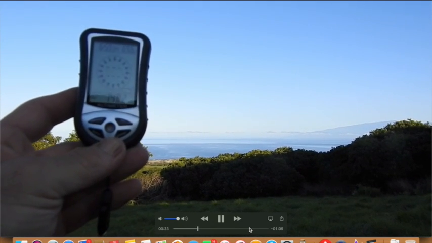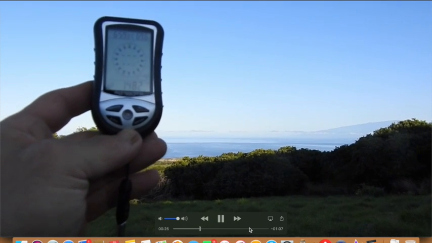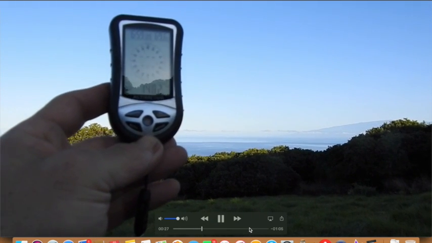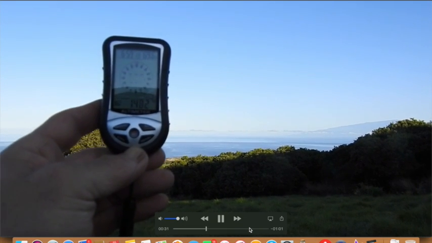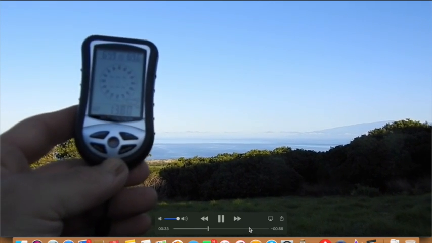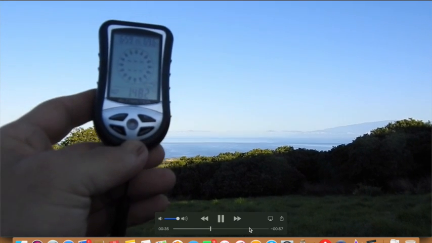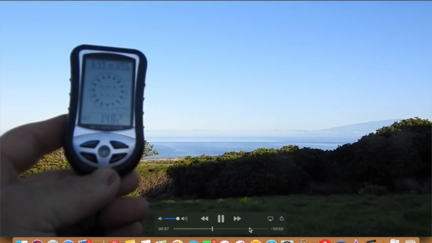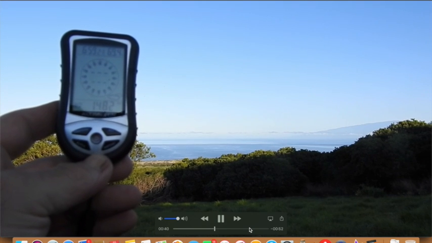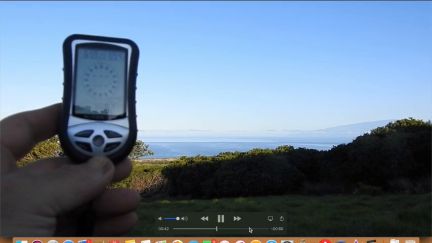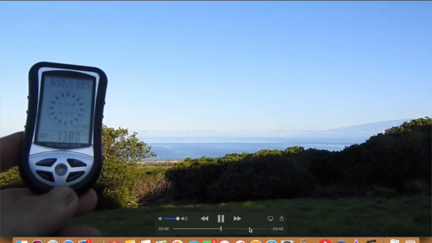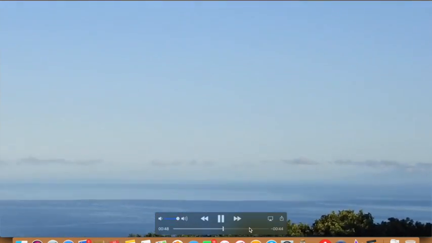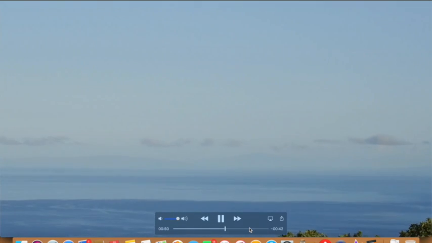What's wrong with this altimeter? Oh, it went back to 1,380. 1,482. Whoa, what's going on? Am I going up and down in this world? 1,380 again. Well, let's stick to this number. It makes sense to me.